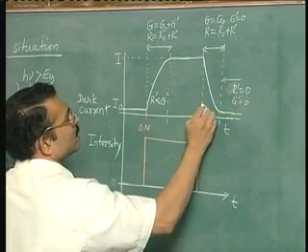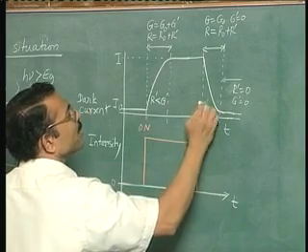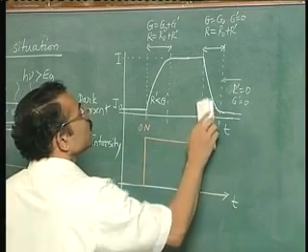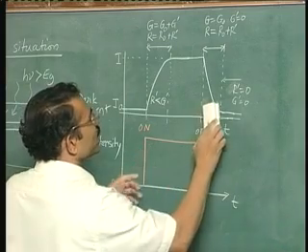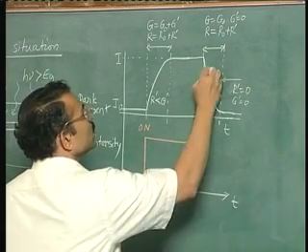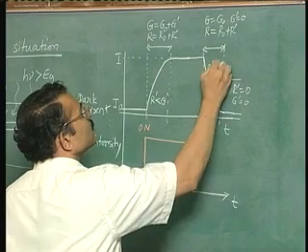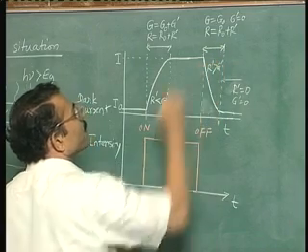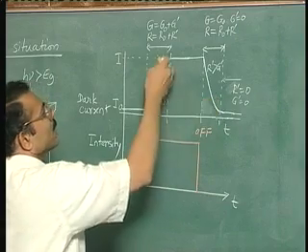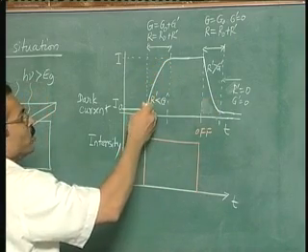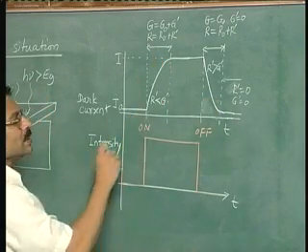In this region you have R dash more than G dash. Since the recombination rate is more than the generation rate, you have a decay in excess carrier population, whereas here the generation rate is more than the recombination rate, so you have a rise.